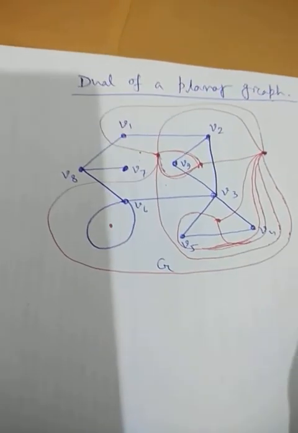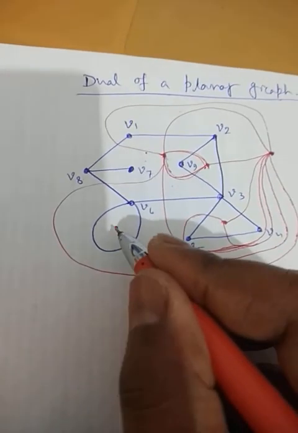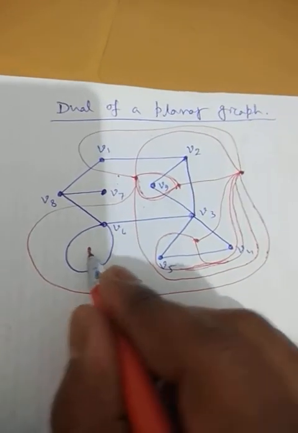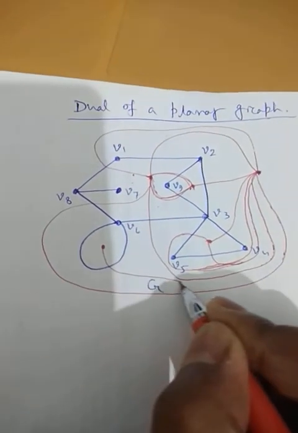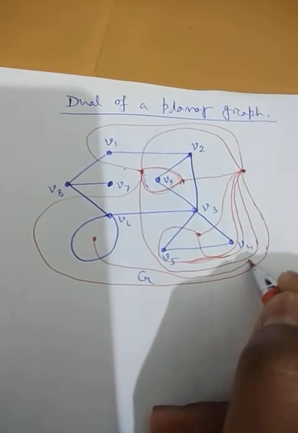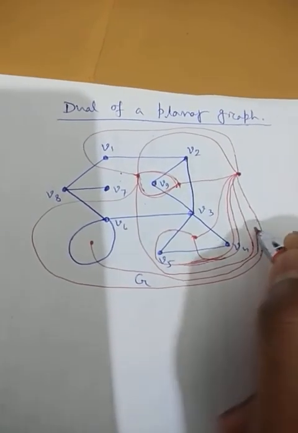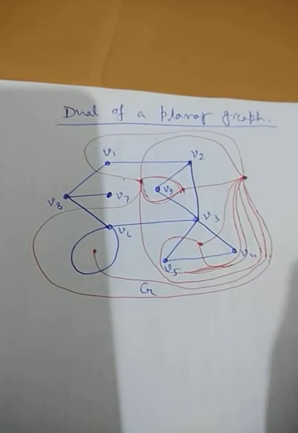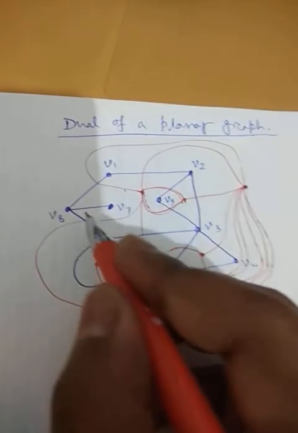Okay. Now for the self loop, we are drawing this edge. Now the last edge, we are taking the last edge.